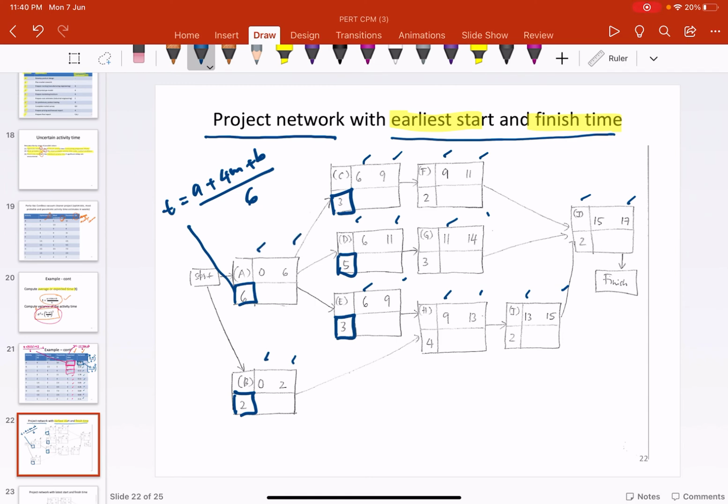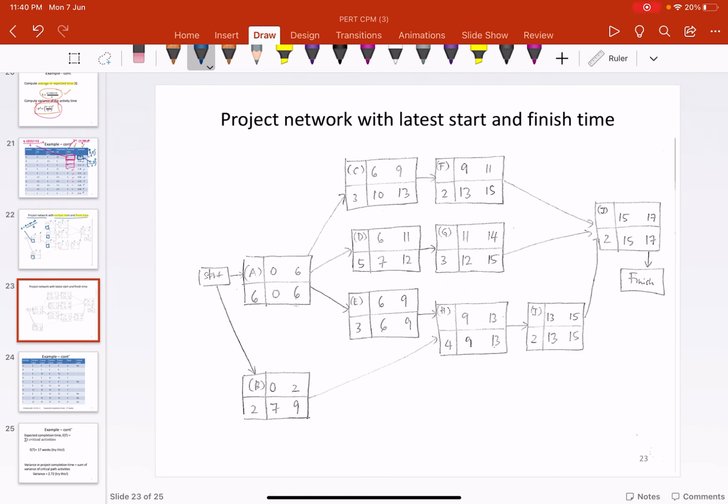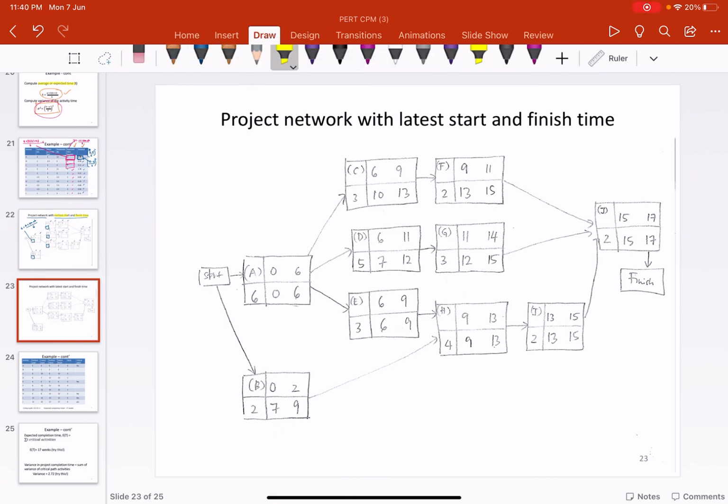Then you need to complete with the latest start time and finish time, in which you need to be able to get just like this one. I hope you do this on your own. Please do this, because with this, then only you can practice.